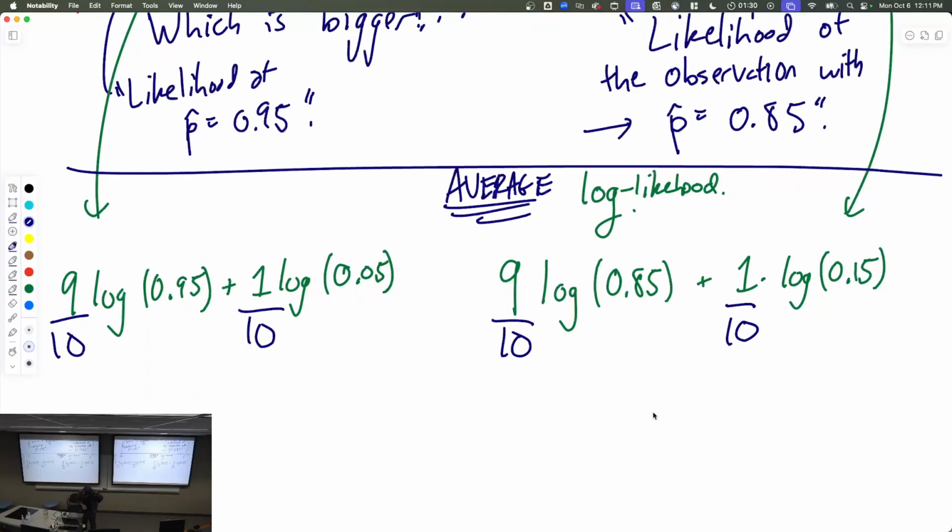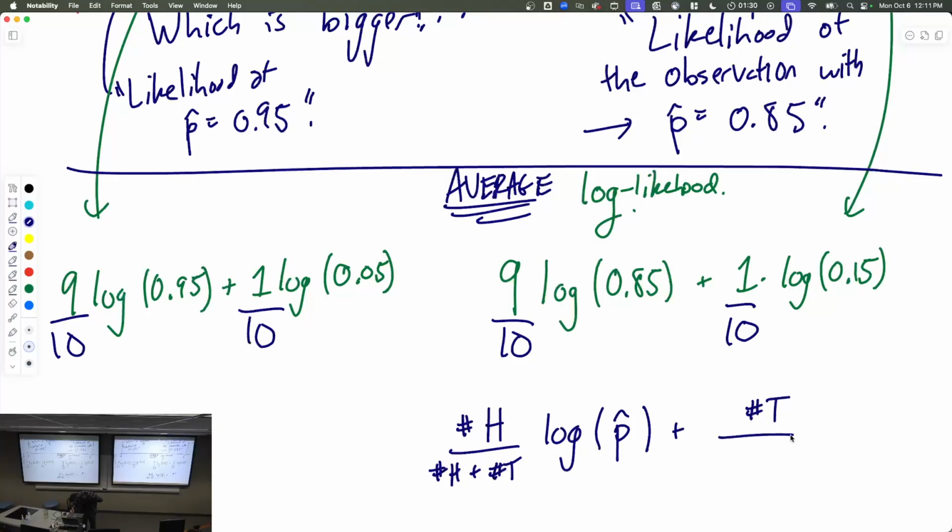And in general, the formula is going to be the number of heads divided by the total. Let's write it like a sum: the number of heads divided by the number of heads plus the number of tails, times the log of p hat, plus the number of tails divided by the number of heads plus the number of tails, times the log of 1 minus p hat.